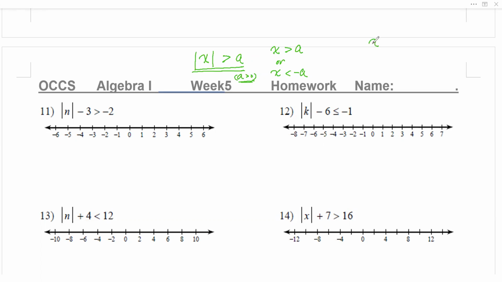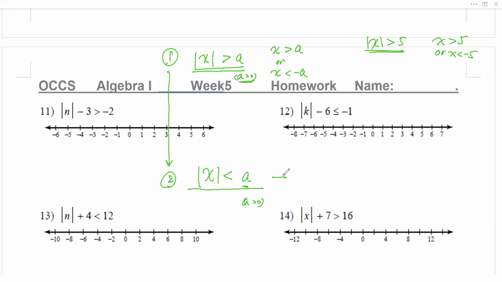Let's do a quick example. Say absolute value of x greater than 5. So you can get x greater than 5 or x less than negative 5. You can get these two solutions. So that's the first situation. The second one is when absolute x is less than a, where a is still a positive number.